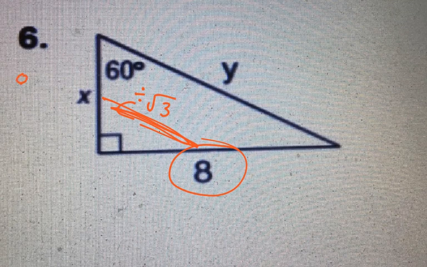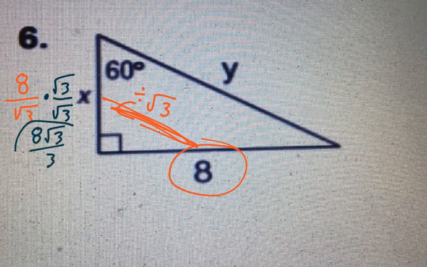So what is 8 divided by square root of 3? Well, we have to rationalize it. We times by square root 3 over square root 3. We get 8 square root of 3 over 3, and that's our answer. Don't try to divide it or calculate it with your calculator. That's what we want, 8 square root of 3 over 3.